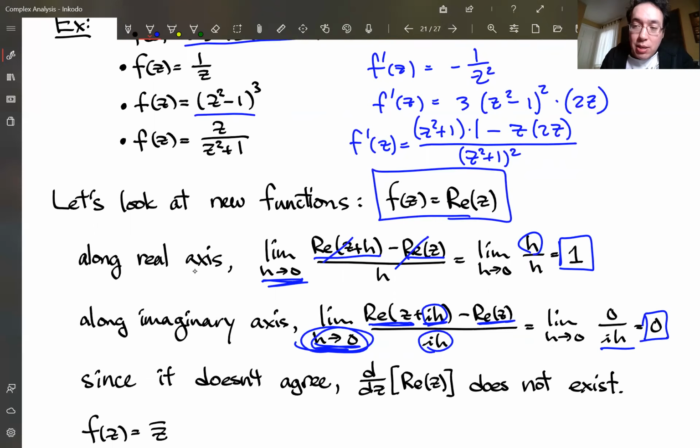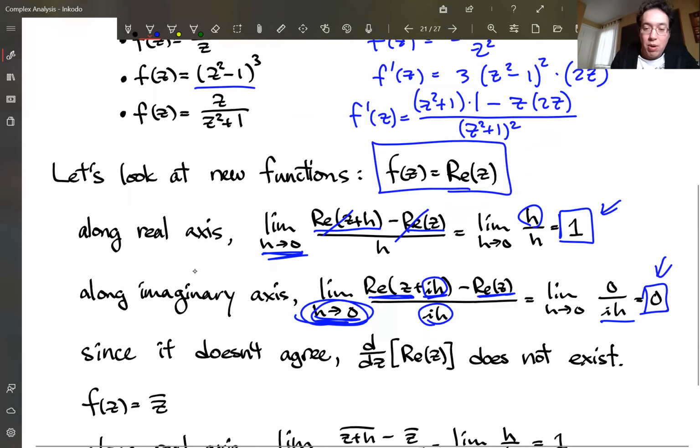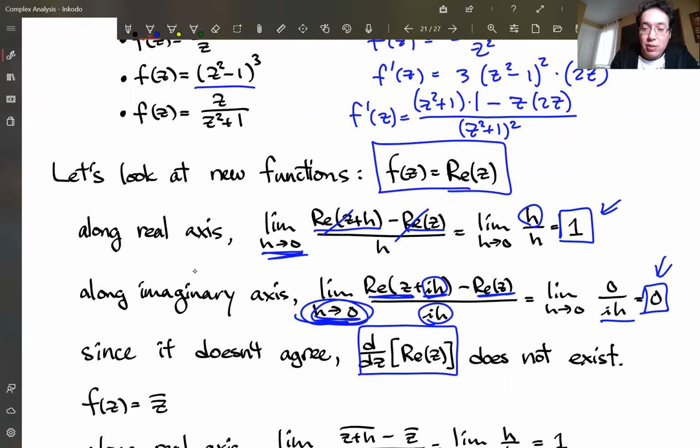Okay. And here, there's a problem. The limit doesn't match if we approach from the real axis and the imaginary axis, right? And if the limits do not agree from different directions, the limit itself does not exist. So that means that the derivative of the real part function does not exist.